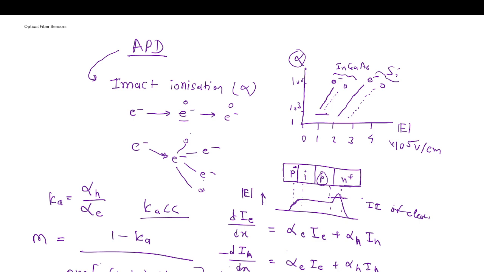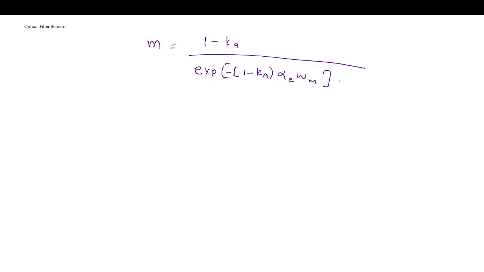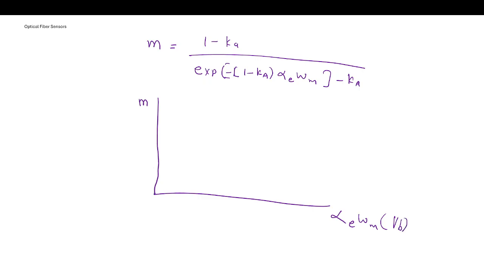If we move to the next one and write here again the same equation, 1 minus Ka divided by exponential... if you plot m versus Wn dot Vb.